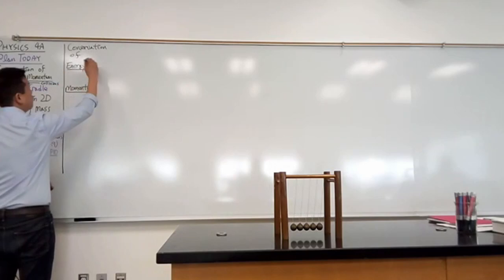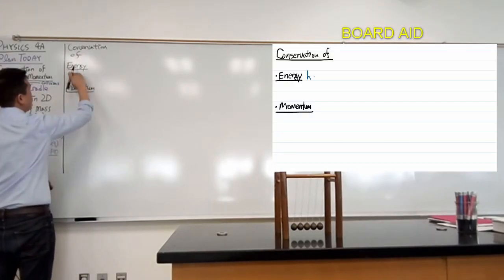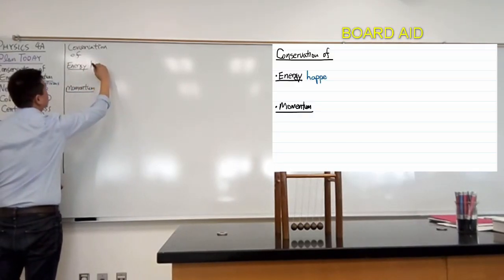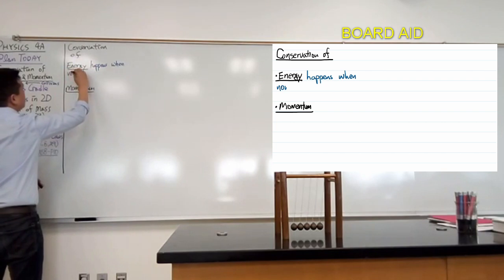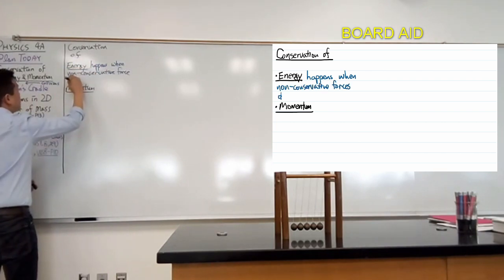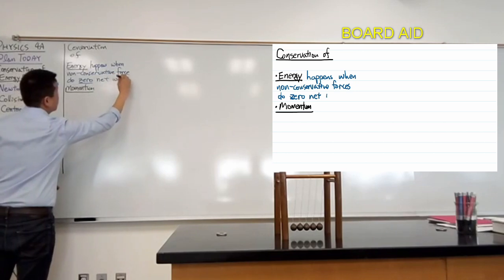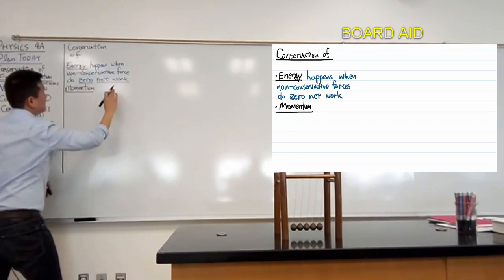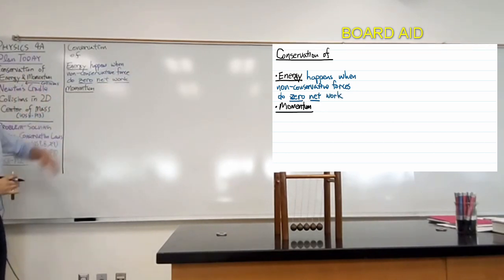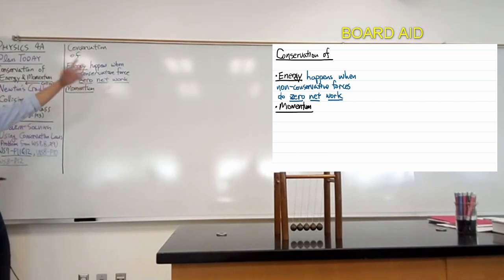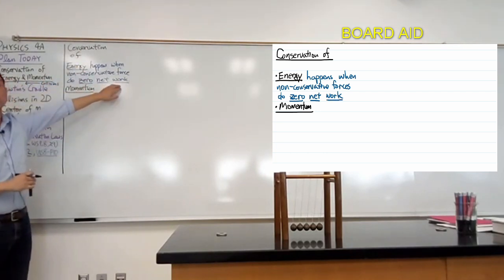So conservation of energy happens when non-conservative forces do zero net work. And I want to emphasize once again that this is the statement. I tried really hard to make this statement concise, so every word here matters.